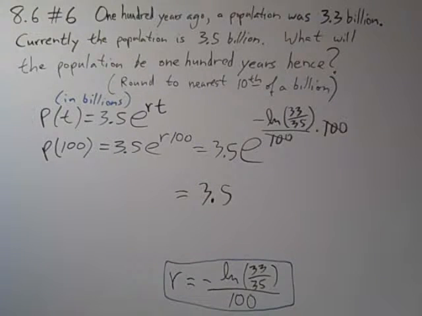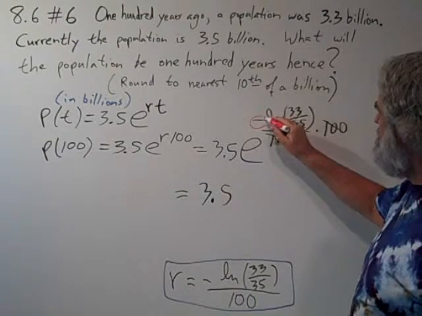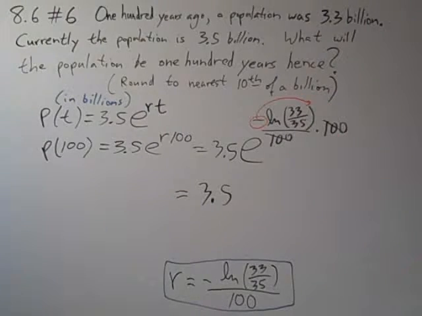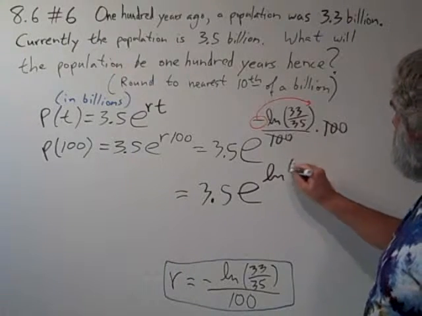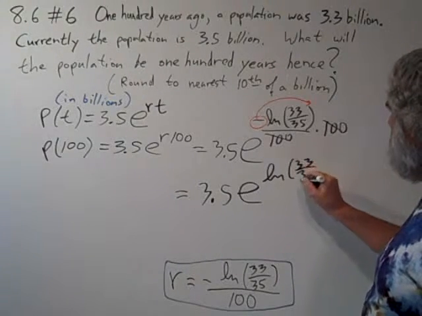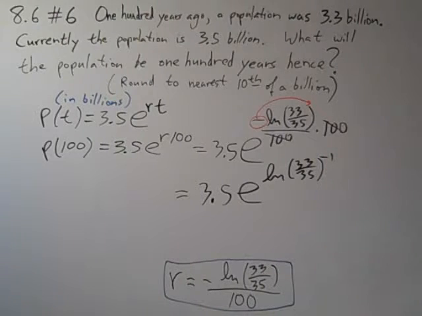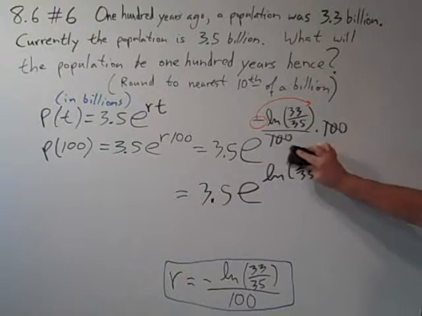Now, if I was to move this exponent up, using that nice property of logs that we have, this becomes e to the natural log of 33/35 to the minus 1 power. And when you raise a fraction to a negative 1 power, that takes the reciprocal of the fraction. So this is the natural log of 35 divided by 33.